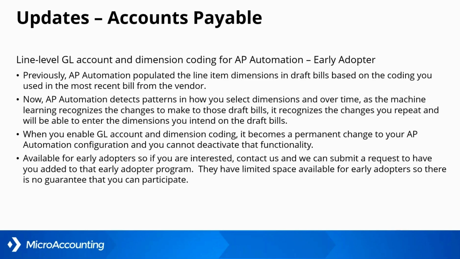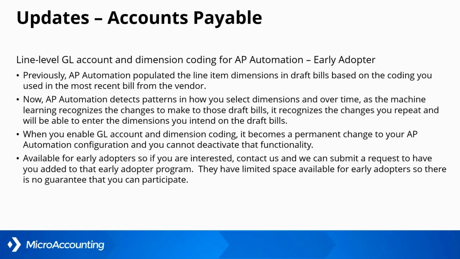Previously, the way this worked is the AP automation would populate the line items, the dimensions, and GL account coding from the most recent bill that had been entered for that vendor. Now it's going to start detecting patterns in how you select dimensions on those bills, so that it gets smarter over time and learns what those patterns are, not just using the last time it was coded.